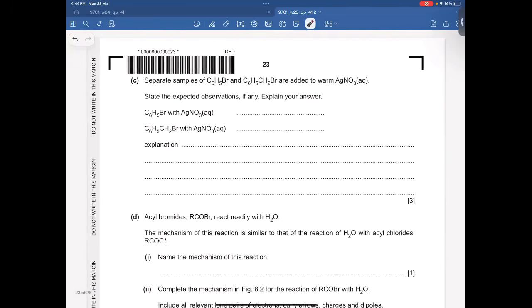Next, separate samples of bromobenzene and this compound are added to warm silver nitrate. State the expected observation, if any, and explain your answer. With bromobenzene and silver nitrate, no visible reaction. No reaction, no change.